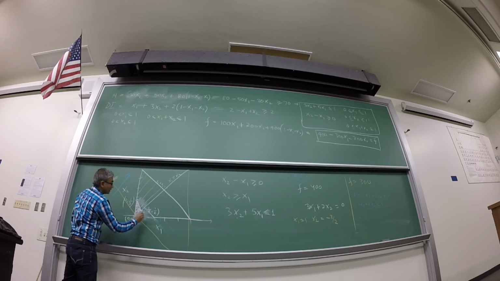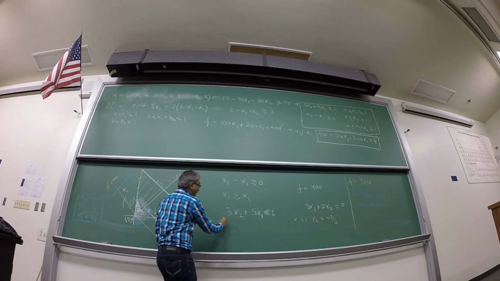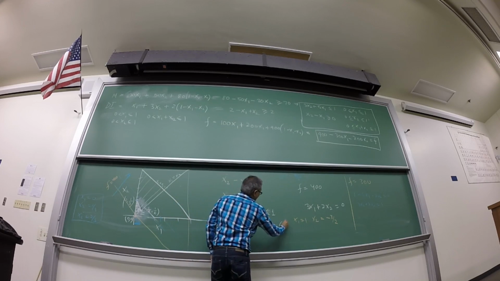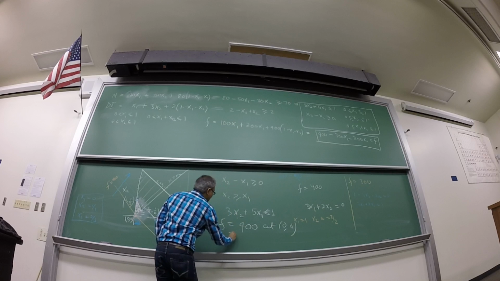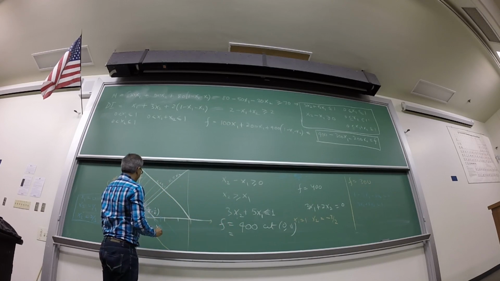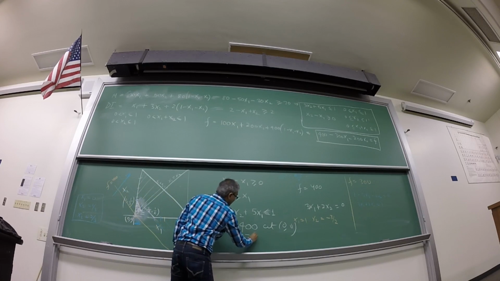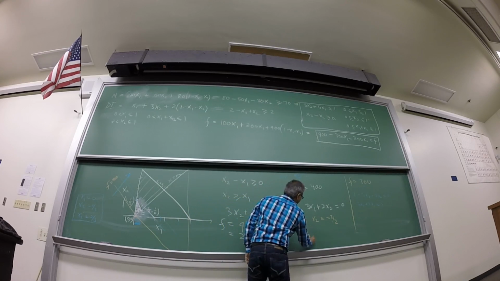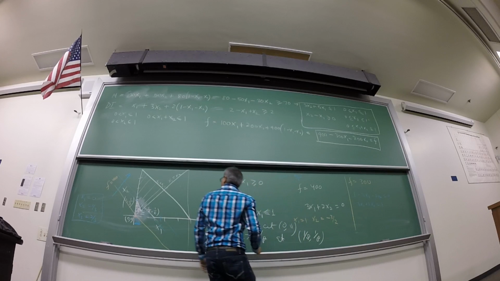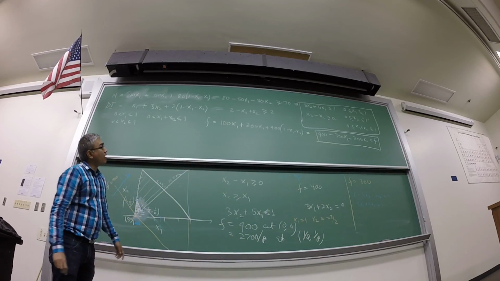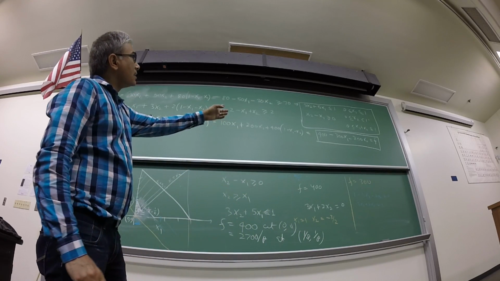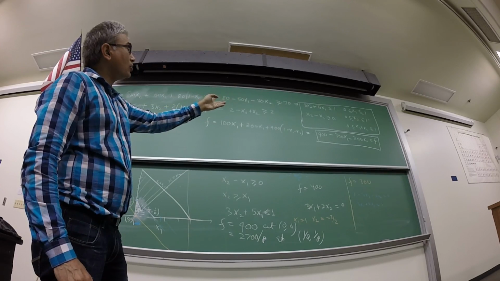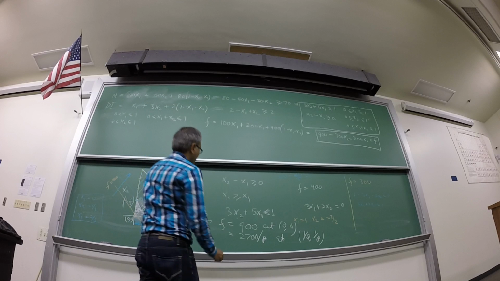2700. Well, let's just write it here. So f equals to 400 at 0, comma 0, right? It equals to 2700 divided by 8 at 1/8, 1/8. And finally, at 0, comma 1/3, it's going to be 400 minus 200 divided by 3, which is going to be 1000 divided by 3.